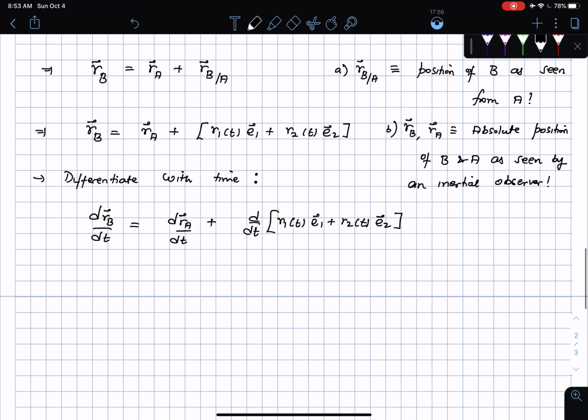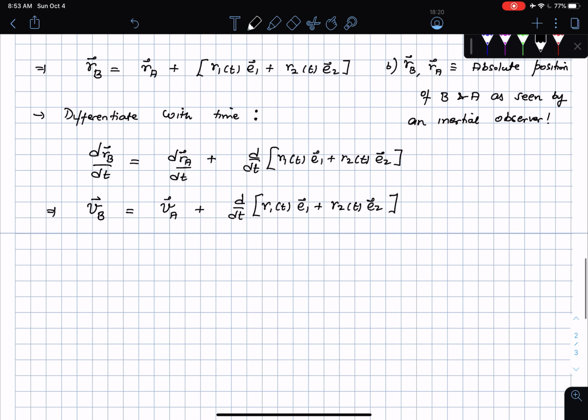And so if I do the differentiation, I get the velocity, obviously, right? So drb by dt is nothing but velocity of b as seen by an inertial observer. This is velocity of a as seen by an inertial observer, plus d by dt of r1 of t e1 plus r2 of t e2, where I'm going to use the product rule very quickly.